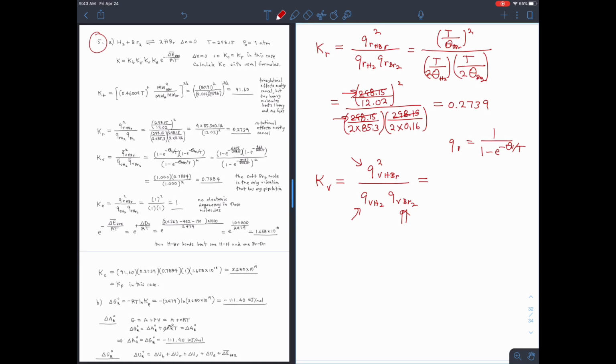So this is going to become 1 over 1 minus e to the minus theta v for HBr over T, quantity squared, over same thing for H2, and for Br2.